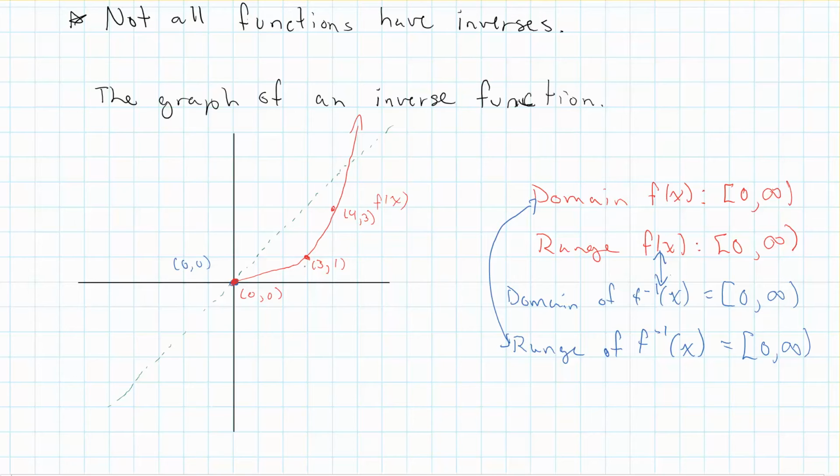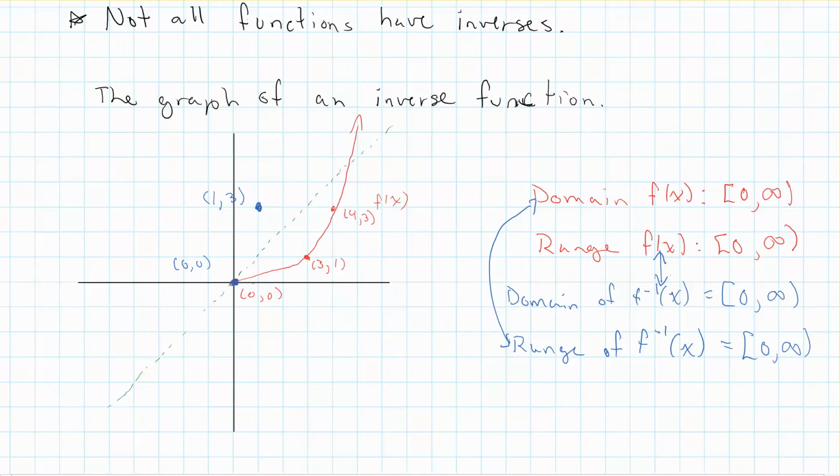Now if I swap the x and y's here, this would be an x value of 1 and a y value of 3. Come on, I want blue. So this would be 1, 3, because we're swapping the x and y values. And then 4, 3 would get swapped to 3, 4.